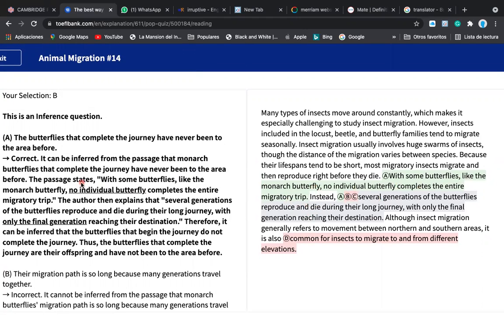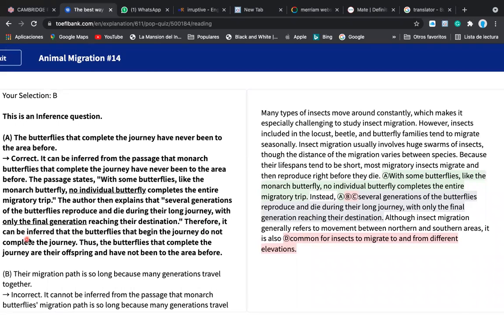Okay, so let's have a look at the explanation. The passage states, here it comes the conclusion, with some butterflies like the monarch butterfly, no individual butterflies complete the entire migratory trip. The author then explains that several generations of the butterflies reproduce and die during their long journey, with only the final generation reaching their destination.